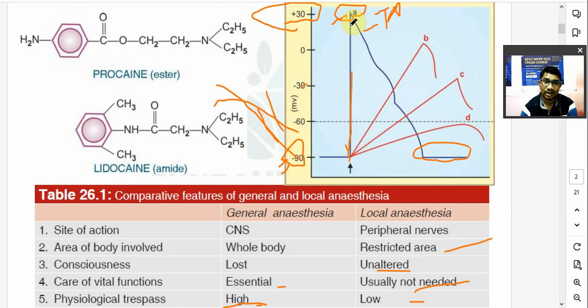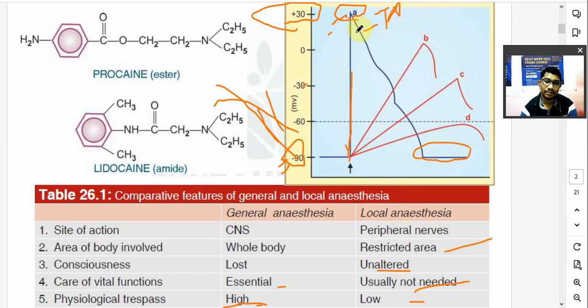When the threshold potential is reached, at minus 30, the sodium channels automatically close within milliseconds.